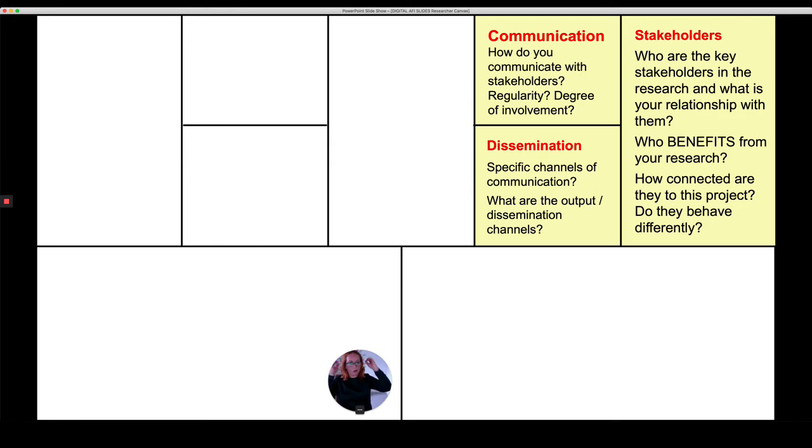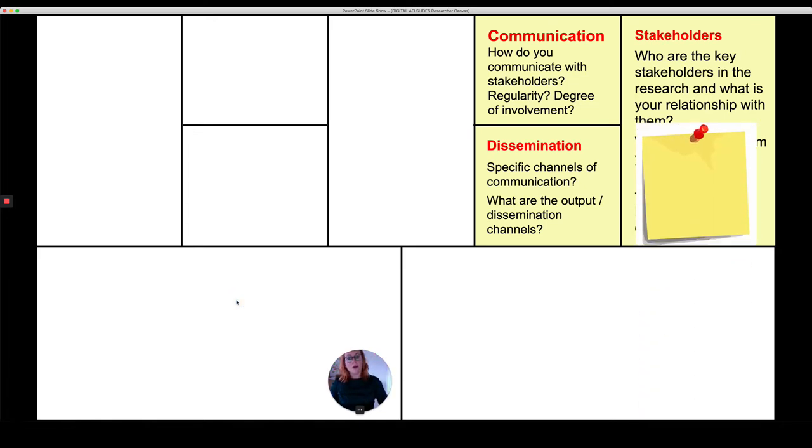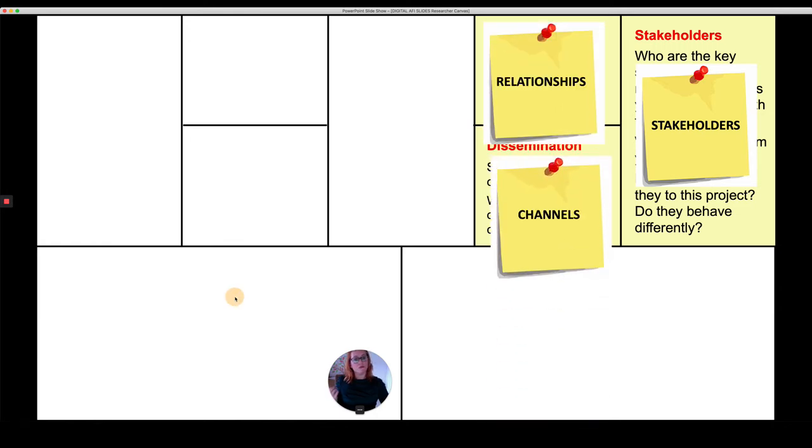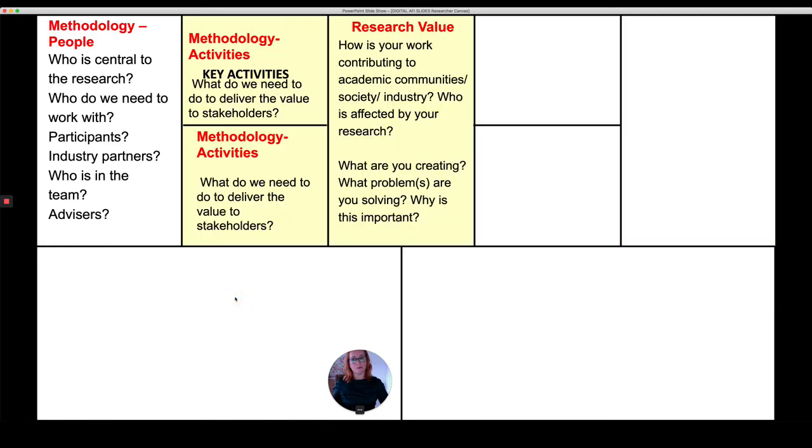It's more about just dumping all of that information, and then once it's all there, you can start seeing the fit between the different sections, perhaps what needs a little bit more work, a little bit more refinement, perhaps more resource on that side. So again, key terms: stakeholders, relationships, channels.